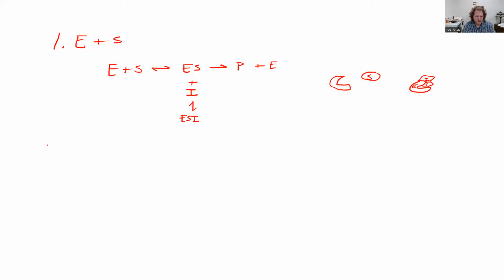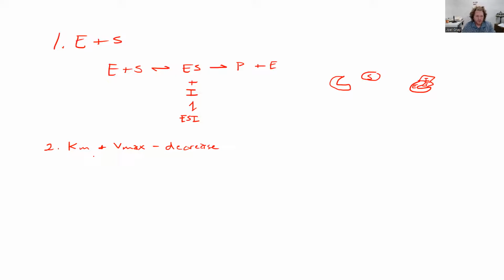Now, the next way that I like to think about this is, how is this going to impact our kinetic parameters, our Km and our Vmax? Well, both your Km and your Vmax are going to decrease in the presence of an uncompetitive inhibitor.